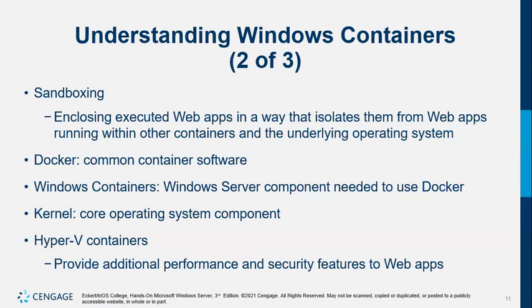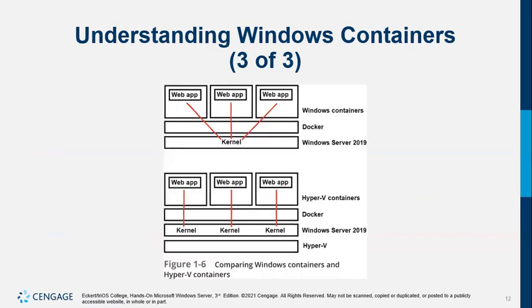And then there's also the option to further restrict the containers, and we'll look at that on the next slide. But using that off of the kernel operating system is one option. So you can see here some of the options at the top there. It's the kernel of Windows Server running, then the Docker followed by each of the Windows containers.